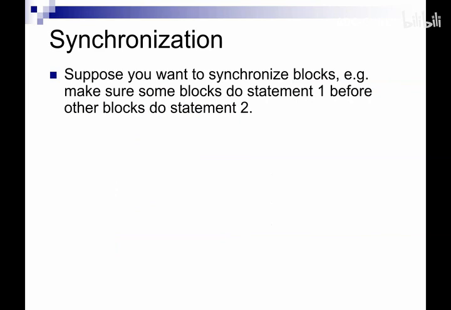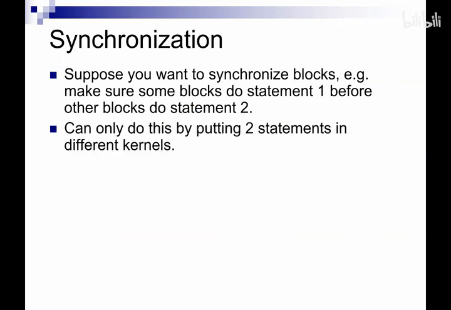Now, what if you really need to make sure that, of 2 statements, the first statement finishes before the second statement starts? The way to do this would be to put the 2 statements in different kernels. The kernels are called by the CPU, and the kernels are always going to execute in sequential order.